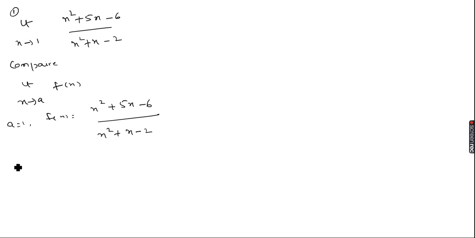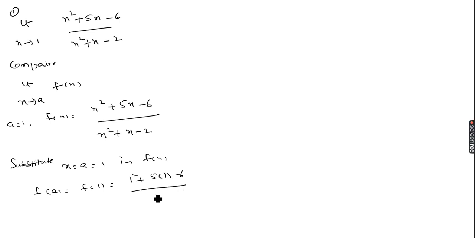We substitute x is equal to a, that is nothing but 1, in f of x. So therefore f of x, that is nothing but f of 1. So what we get: 1 square plus 5 into 1 minus 6 by 1 square plus 1 minus 2.